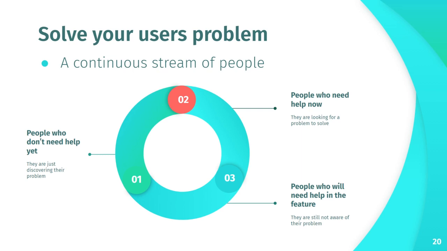You need to answer the people who need your help right now, because then you will have people who are not yet aware of a problem. They will have one, and people who are starting to have a problem, and they will discover that problem and look for a solution. And when that exact time when they look for a solution is when you need to be there and need to have an article to give a response to that problem.